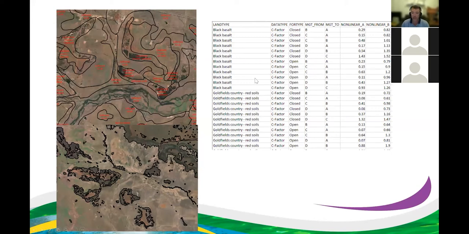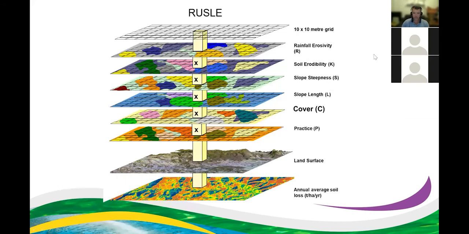And what they've done is they've gone, okay, on this land type, whether it's open or closed forest, and a particular practice change, so a D to a C in this example, use these two factors here in an equation that then adjusts this cover through time.